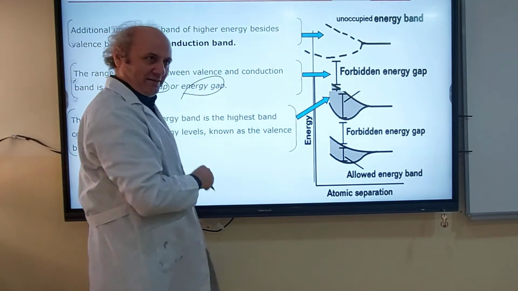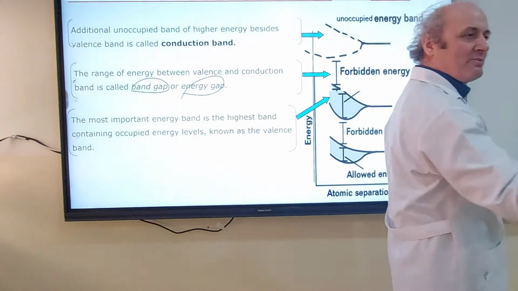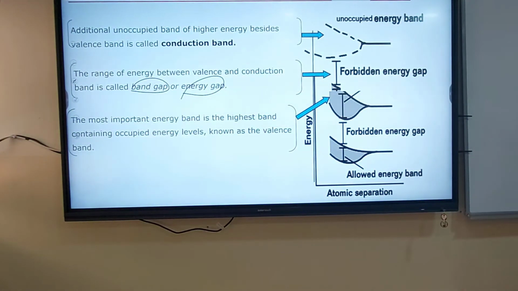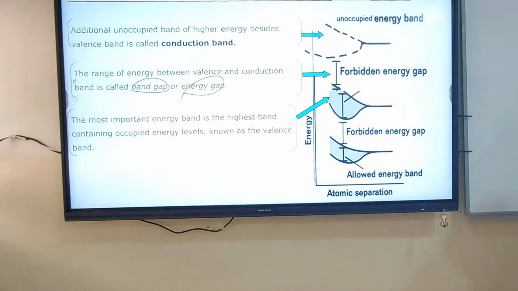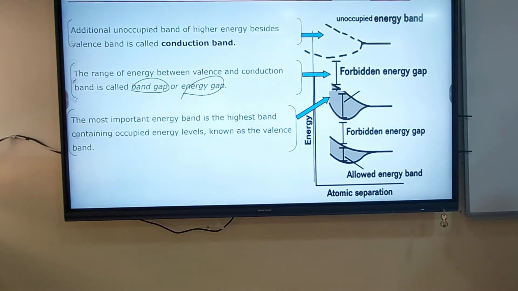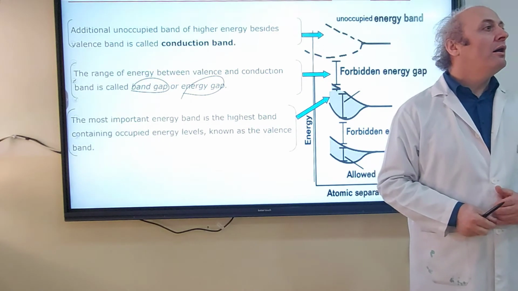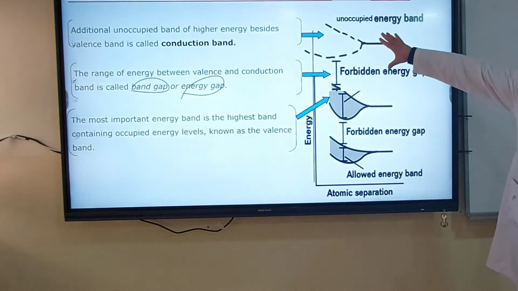Now you will understand why some substances are insulators, why some are conductors, why some are semiconductors. By this model, you will understand. The last energy band above the valence band, which is the conduction band, is empty. Each band has been given a name, but only two we care about.